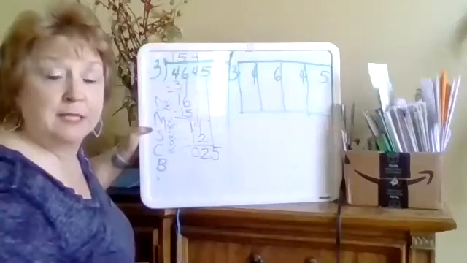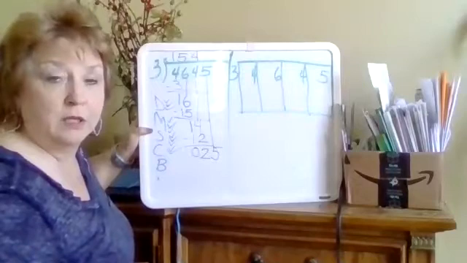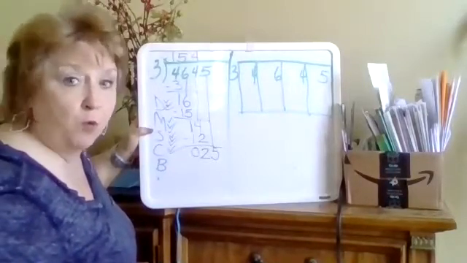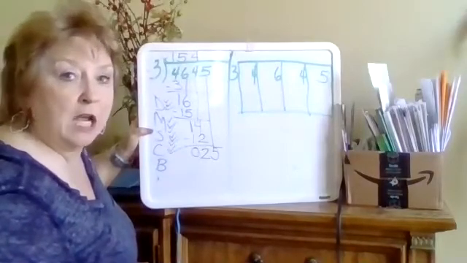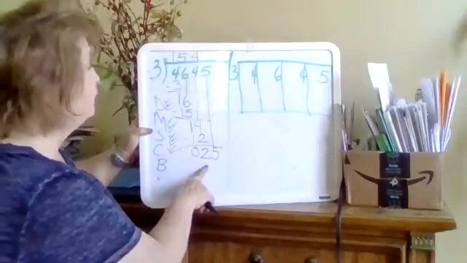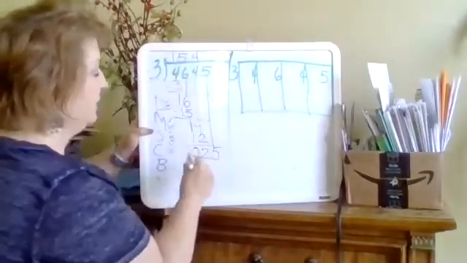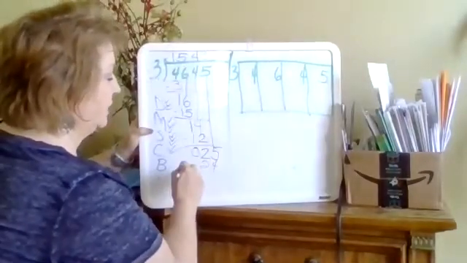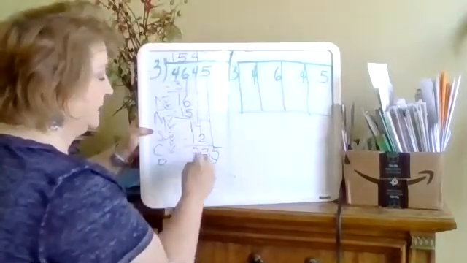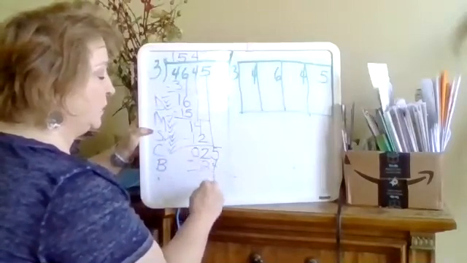So we know 3 times 6 is 18, 3 times 7 is 21, 3 times 8 is 24, and 3 times 9 is 27. 27 is too big, so I'm going to have to go with the 8. 8 times 3 is 24. So I've divided, I've multiplied, I've subtracted. Now 25 minus 24 is going to be a 1.